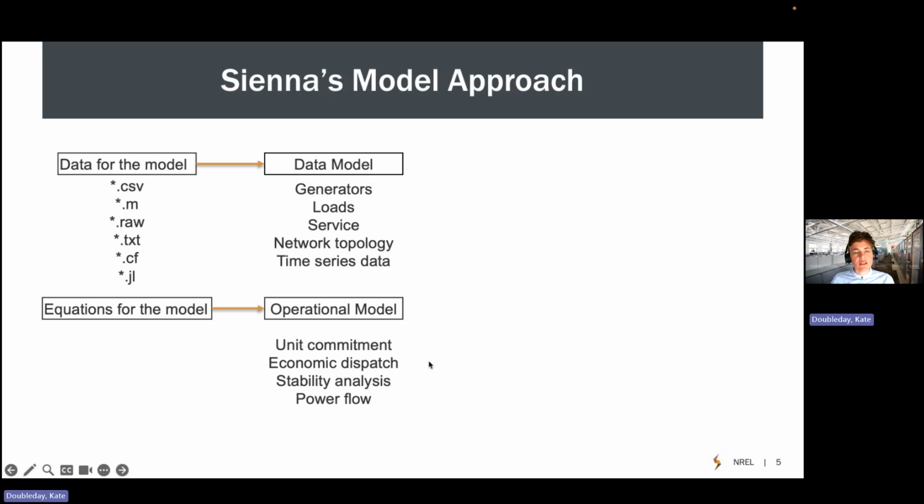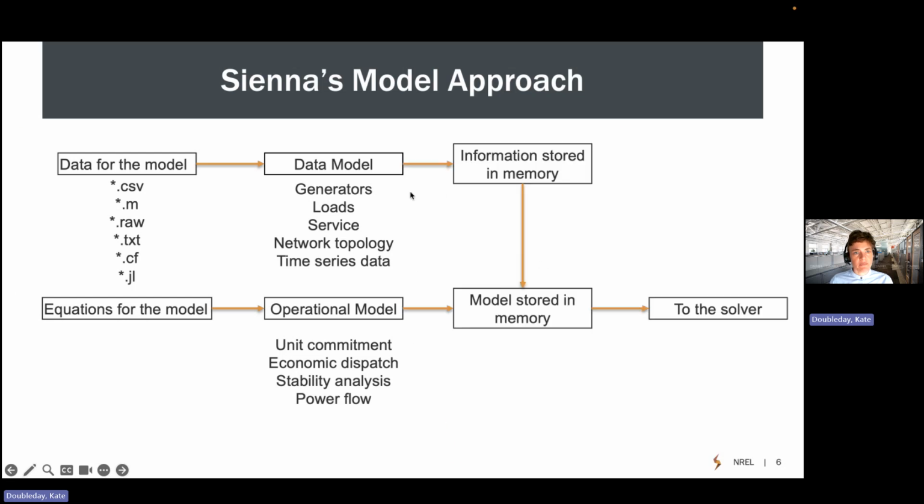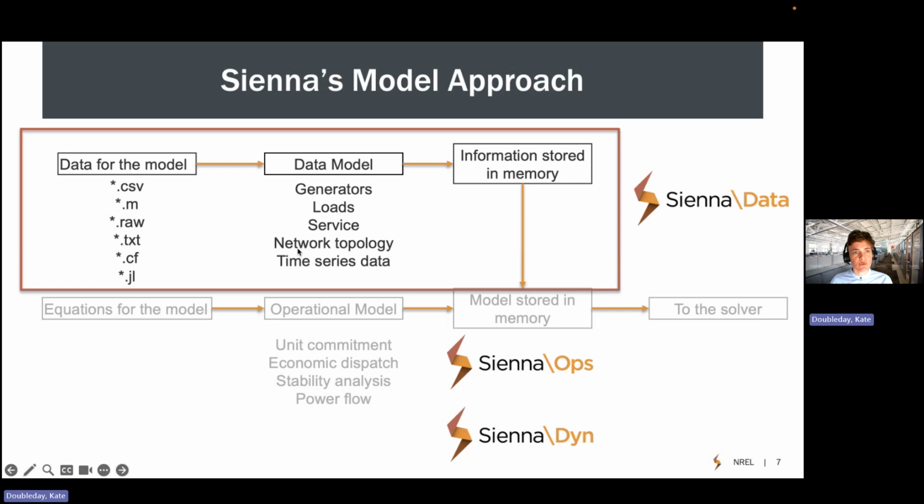We introduced this overview to Sienna's approach to formatting data and models in the Sienna Data video. So as a bit of a review, there is a separation in Sienna between the data for a model and the equations that describe behavior. So within Sienna Data, you can input data into consistent representations for different components and store that information in memory.